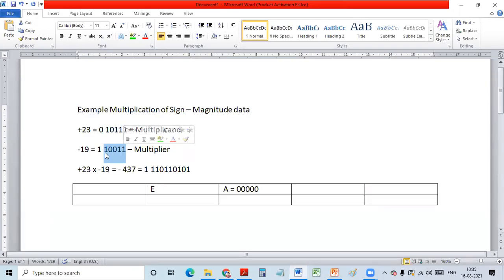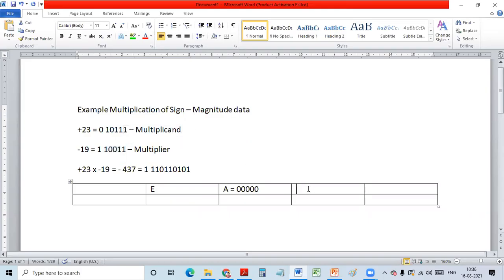It is better to extend it, so that your A and Q registers will both be of the same size, because in any computer, all the registers will be of the same size. So you have to extend even the multiplier to the same size as the multiplicand. If the multiplier is bigger in length, then extend the multiplicand to the same size as the multiplier, so that all the registers are of the same size.